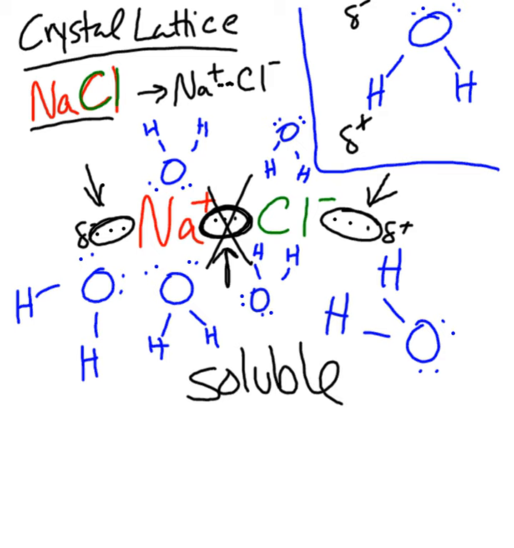If the ion's attraction is stronger than the water's pull to separate it, then you would say it was insoluble. So in the next video, I'll talk about ionic compounds, so you can complete the ionization worksheet.